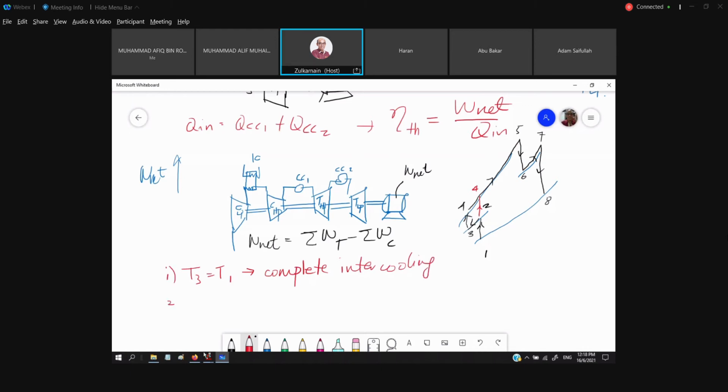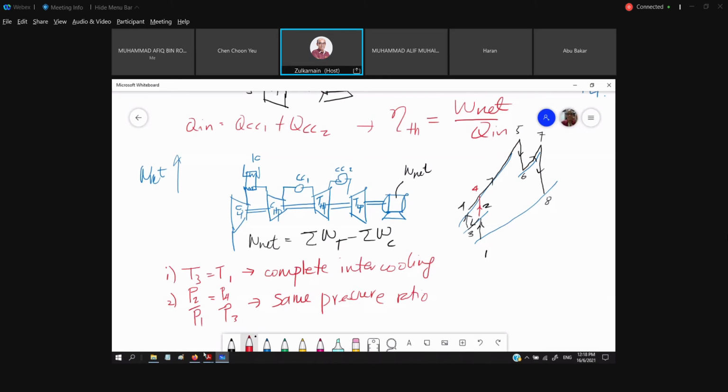Number two, what we have is the same pressure ratio between two stages of compression, P2 over P1 is equal to P4 over P3. What does this refer to? This is the same pressure ratio.